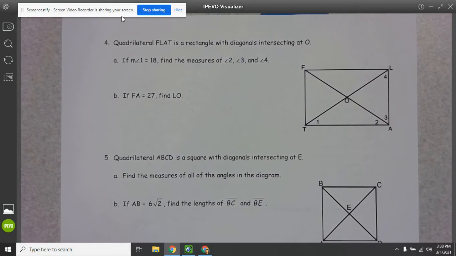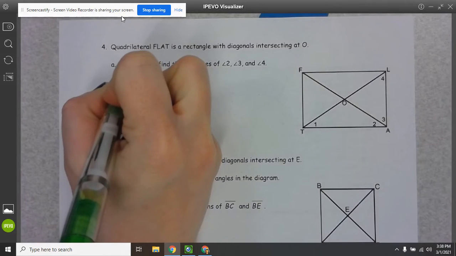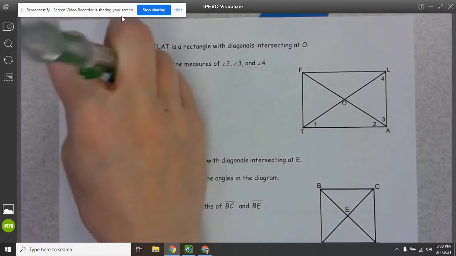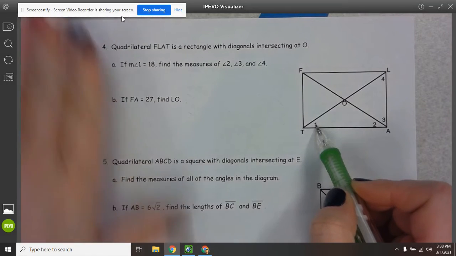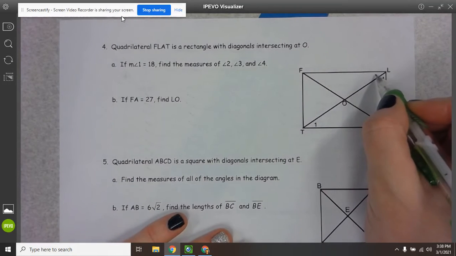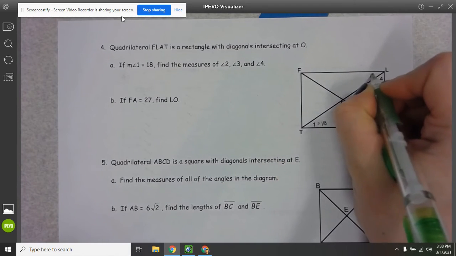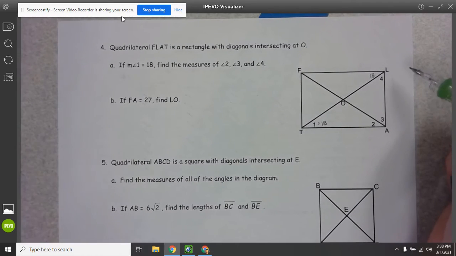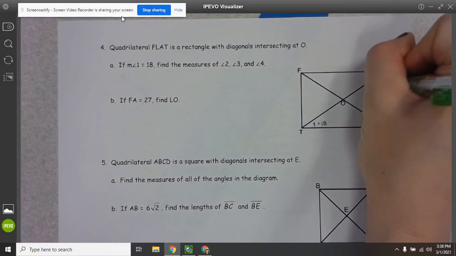So if angle 1 is 18, then this angle up here would also be 18. My corners make 90 degrees, so 90 minus 18 tells me that 4 should be 72.